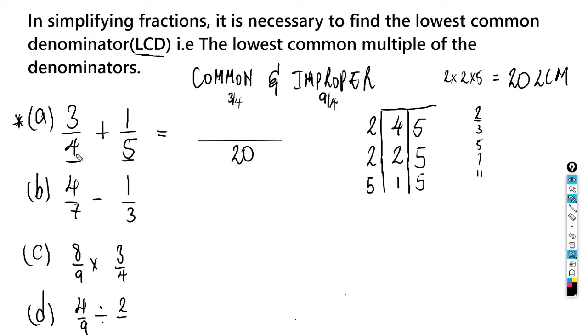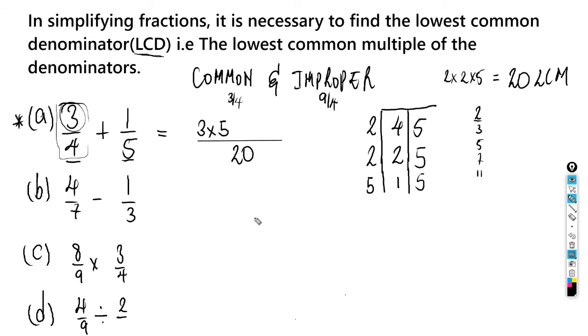And in order to get the numerator, whichever is on top, for 3 over 4, we're going to end up with 3 times... 4 goes into 20 5 times, okay? So we'll have 3 times 5 as the numerator for this 3 over 4, which makes sense, right?